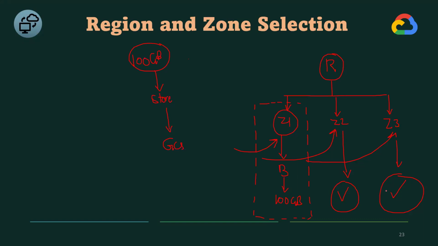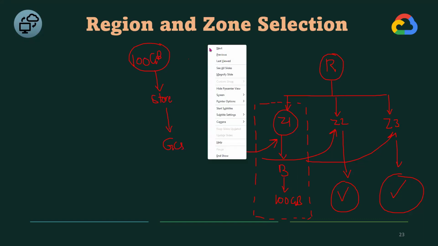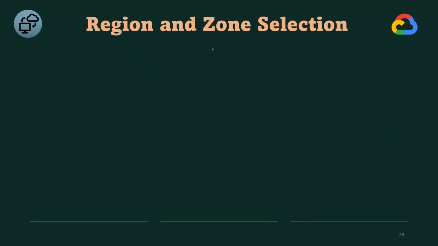If you remember, what internally happens when you select multiple zones, zone 1, zone 2, zone 3, is that you don't need to specifically deploy your application or resources in different zones separately. While deploying, you can select a multi-zone option directly in Google Cloud Platform.